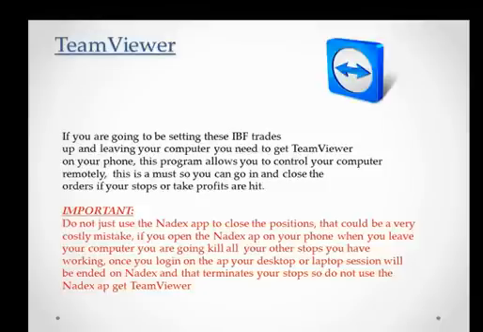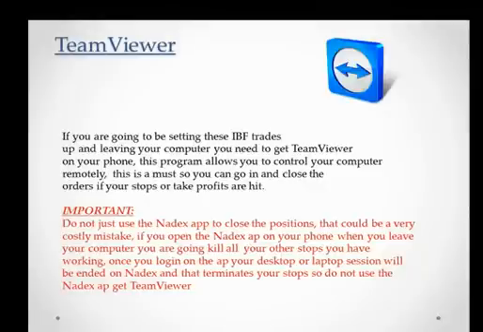Okay? And I know a lot of you are probably saying, well, there's a Nadex app for that. Well, the Nadex app should not be used for this strategy. The reason why is when you open the Nadex app on your phone, it closes the Nadex platform on your desktop or your laptop or whatever you have at home. And when that gets terminated, that terminates your stop.